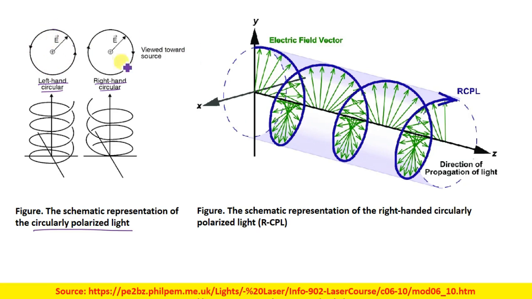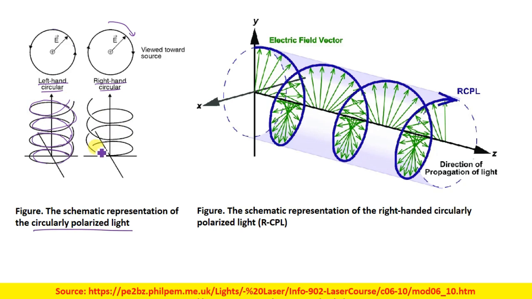Whereas if you look into the right-handed circular light, you will see that the electrical field is moving in the clockwise direction. And in the left-handed one it is moving anti-clockwise, continuously and slowly advancing, and then it forms a helical structure in this way.